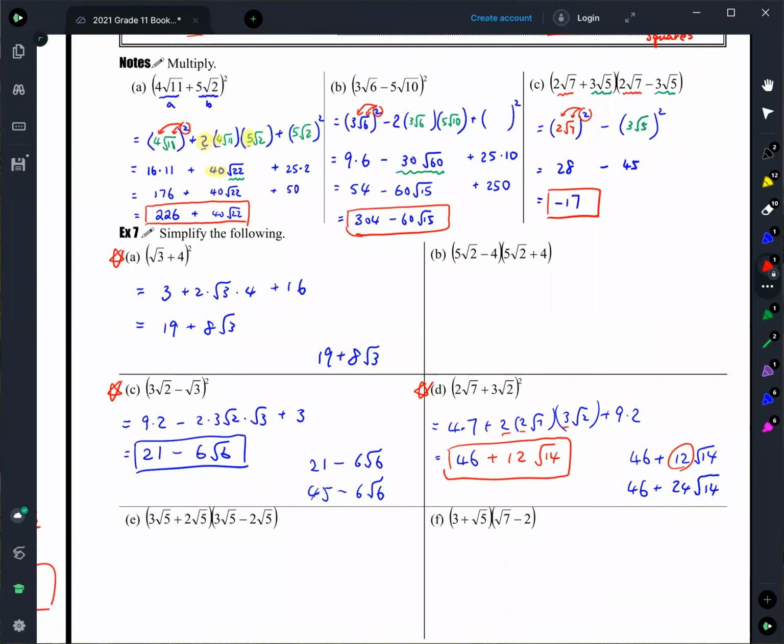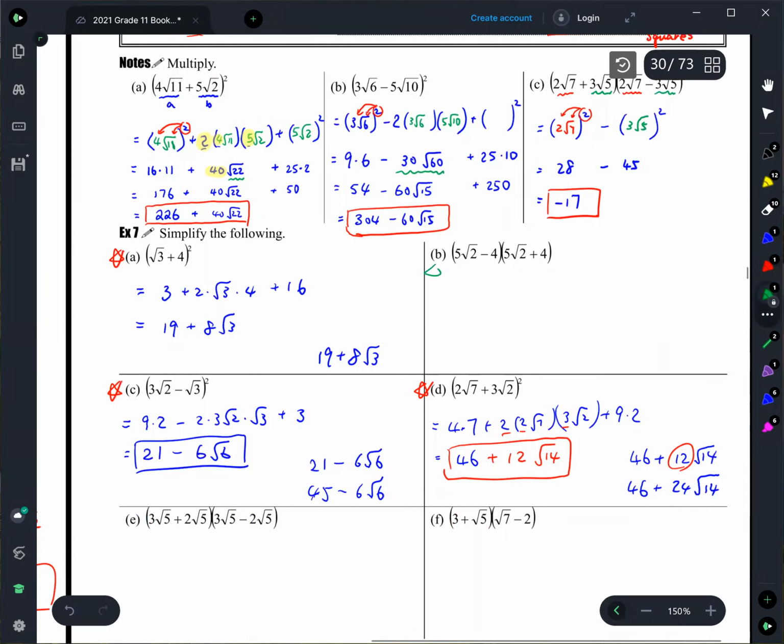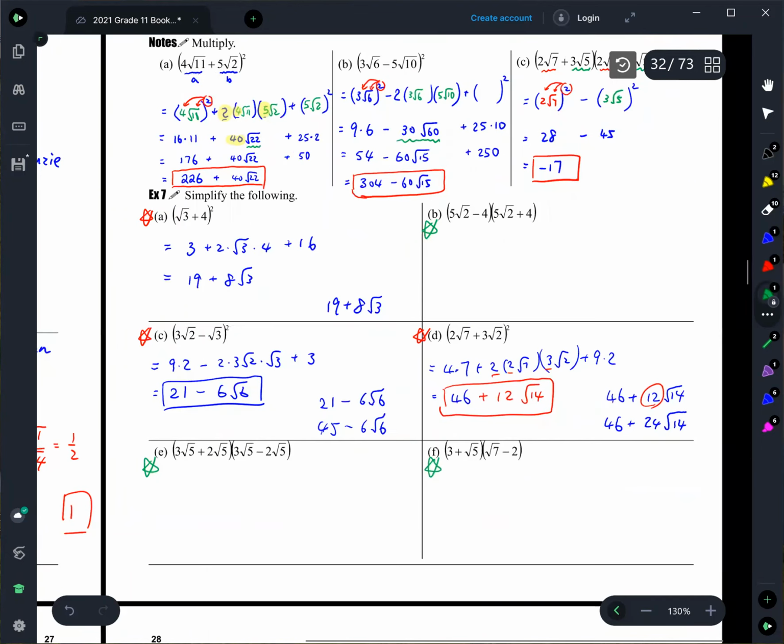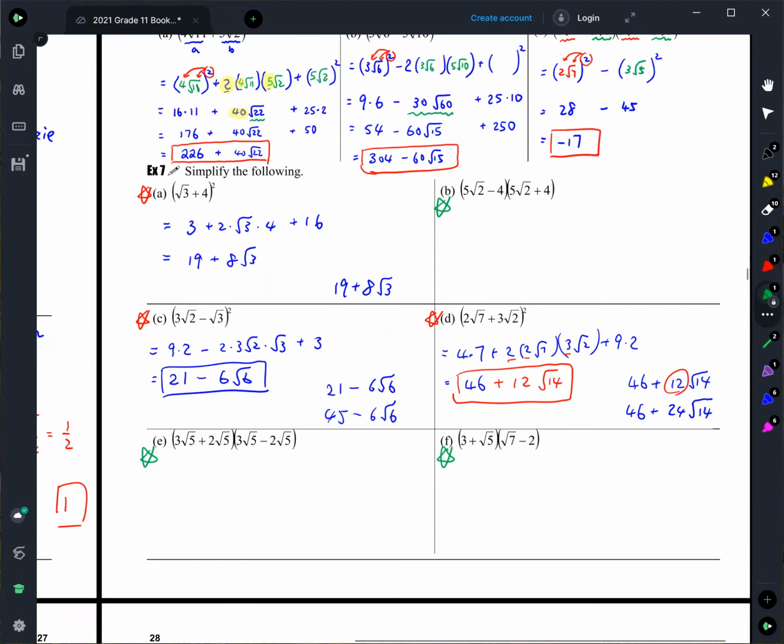So now I would like you guys to try by yourself for question B, question E, and last one, question F, okay? B, E, F. So when you finish, once again, please raise your hand.